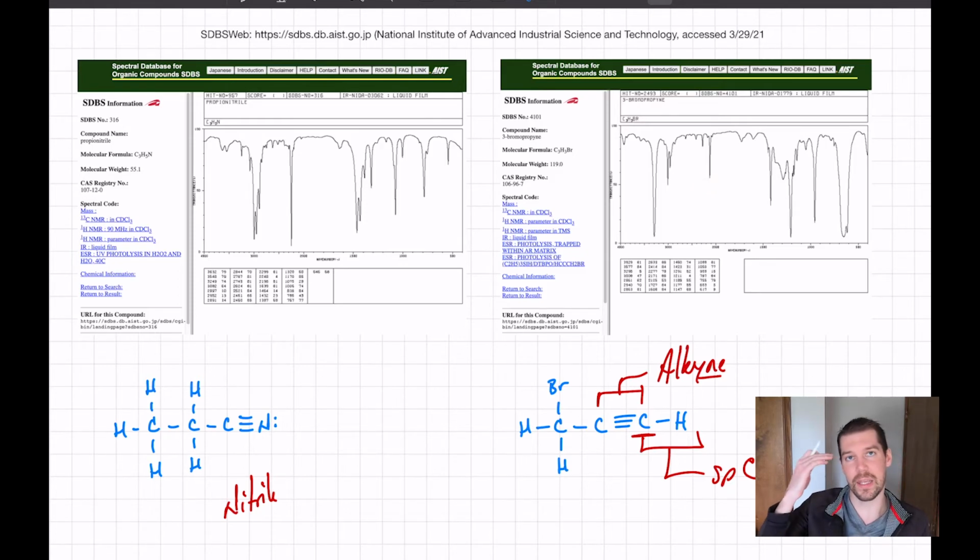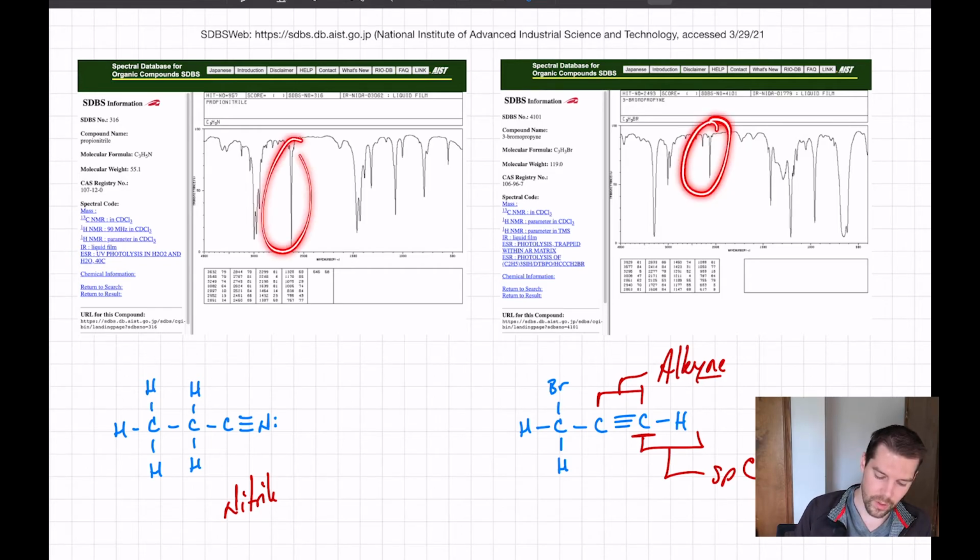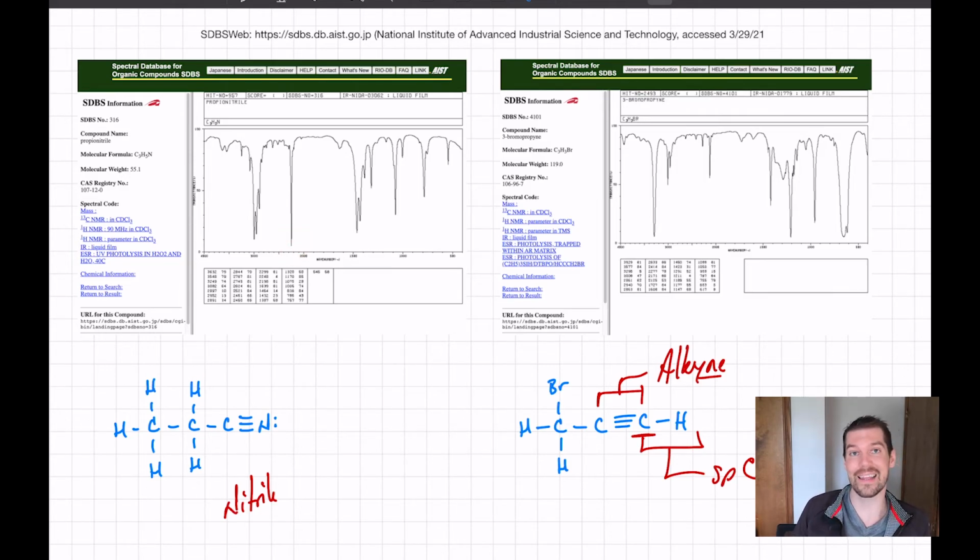And so that's just something to keep in the back of your mind, right? If you see a triple bond in this region, we should be thinking, okay, what could it be bonded to? If it's this strong, it's likely not going to be a carbon-carbon bond, because we already know that's going to be less polar. All right, so that is the difference between the nitrile and the alkyne.